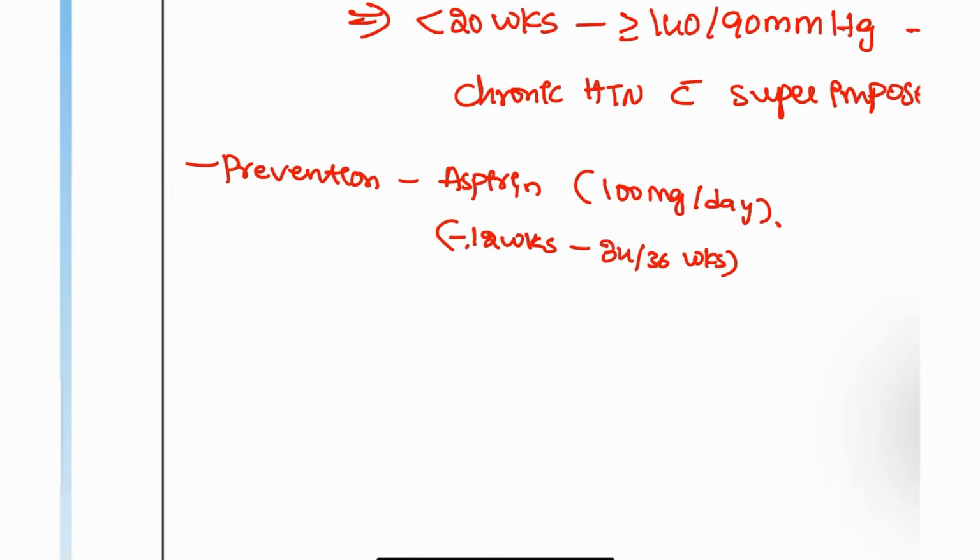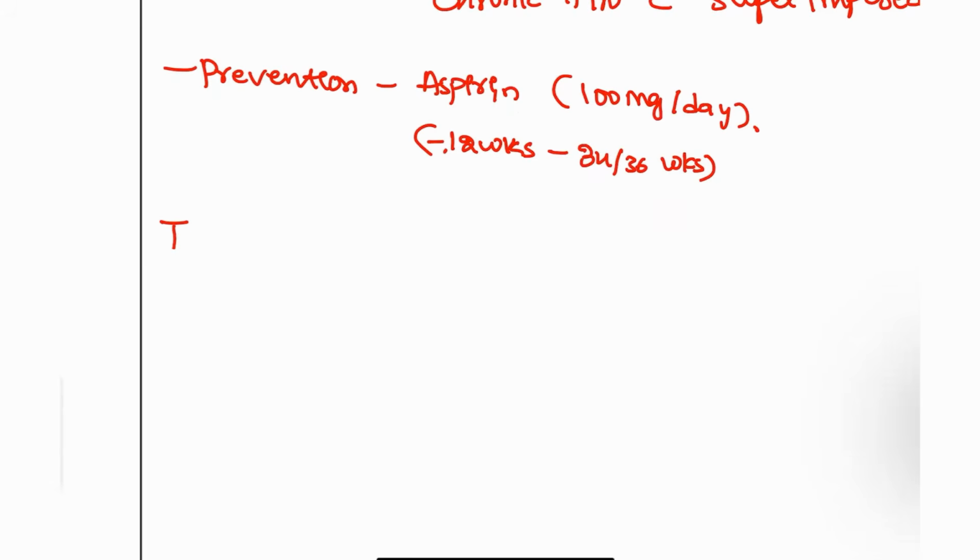The next, management. When it comes to the management or the treatment of these PIH patients, the first thing, if you see the patient is suffering from the pregnancy, what we discussed, it is already more than 20 weeks of the gestation where they are diagnosed with the hypertension.